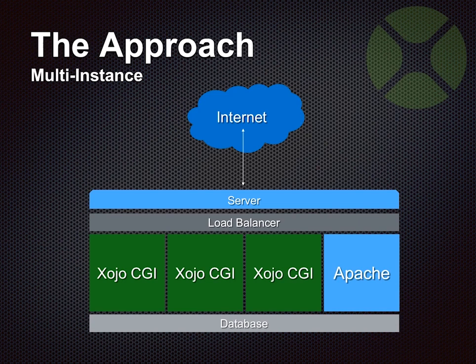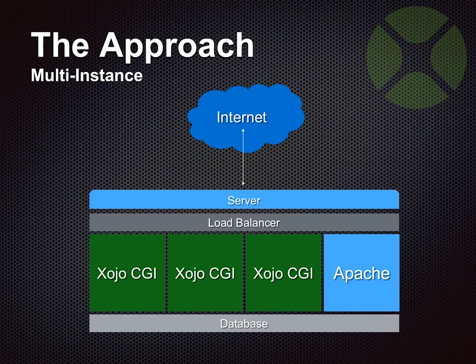So if you have a 4-processor server, which is still pretty small, you get 4 times the ability to handle load as just one standalone app running on that same server. If you have a 24-core server or more, you can get a really high amount of processing power to your app.